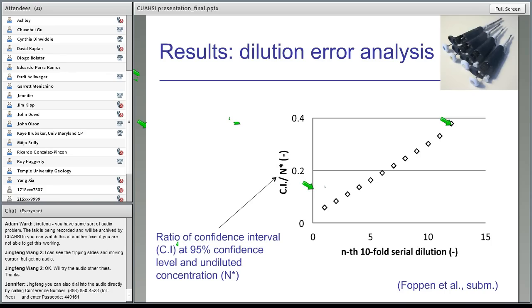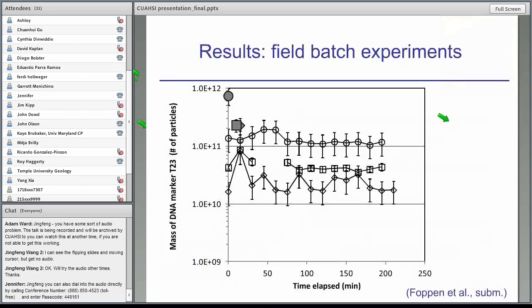So the more you dilute, the larger the confidence interval becomes. And when you are diluting this much, the confidence interval becomes about 40% of the undiluted concentration. We were a little bit surprised by the huge errors that you finally make with these huge dilutions.